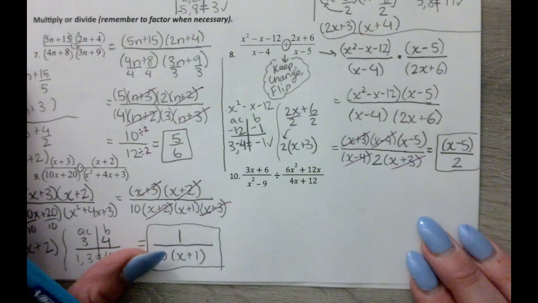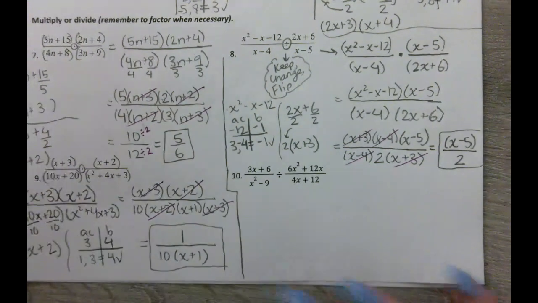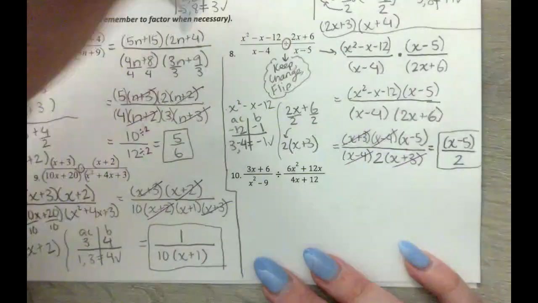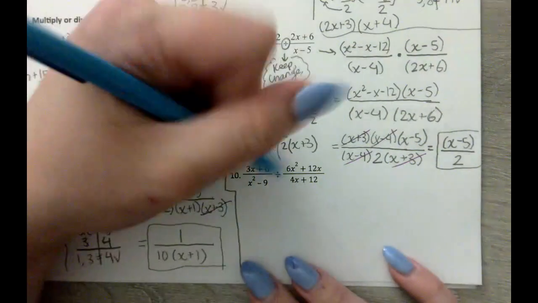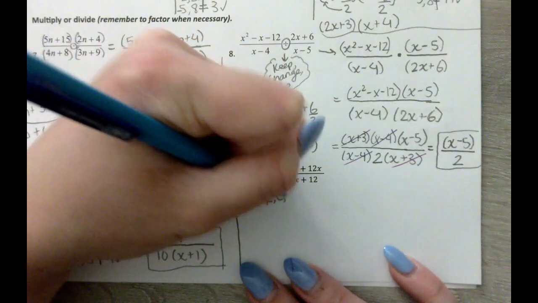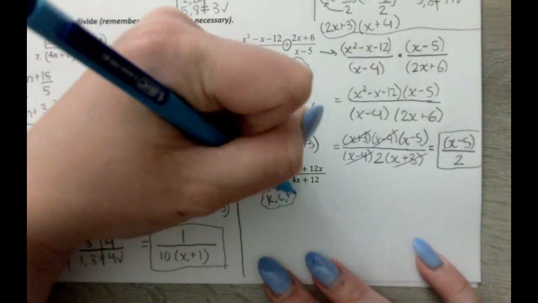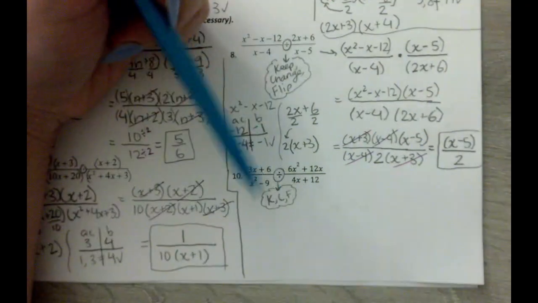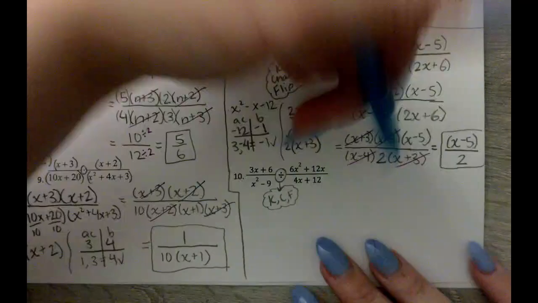Number 10. Three x plus 6 over x squared minus 9 divided by, so that means keep, change, flip. This time I'll just say KCF for short. I'm not even going to bother rereading the problem because I'm going to have to change it.